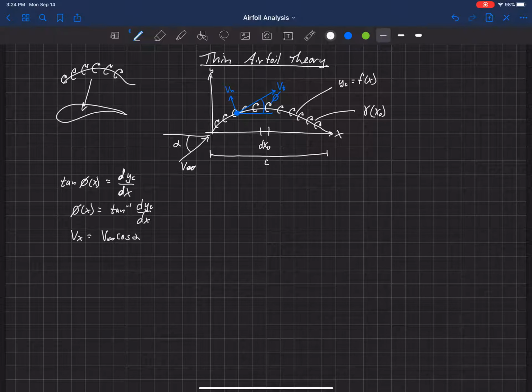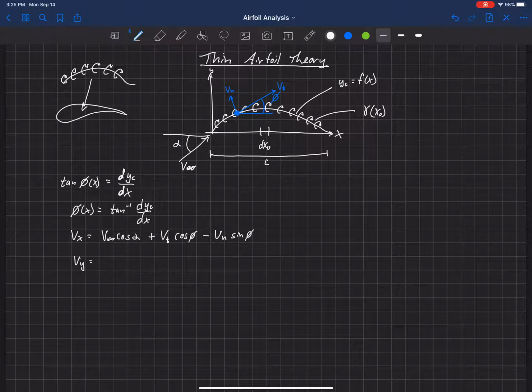That's the velocity in the x direction from the free stream. Plus, I'm going to call this the tangential velocity induced by the vortex sheet times the cosine of phi minus the normal velocity induced by that vortex sheet times the sine of phi. Okay, so that's the velocity in the x direction at that point of interest.